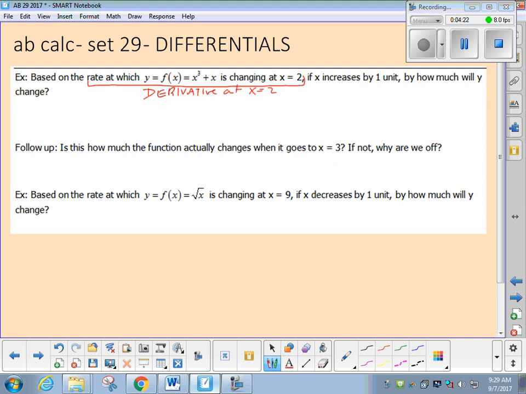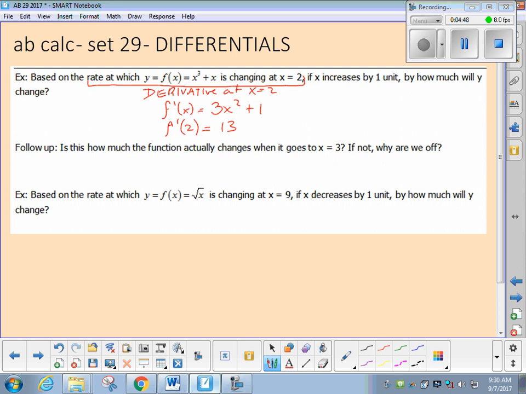So please tell me, what is the derivative generally? Okay, and then what's the rate of change specifically at 2? Thirteen, right? You all see where I come from.